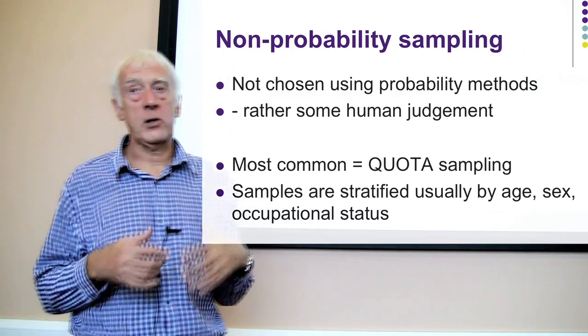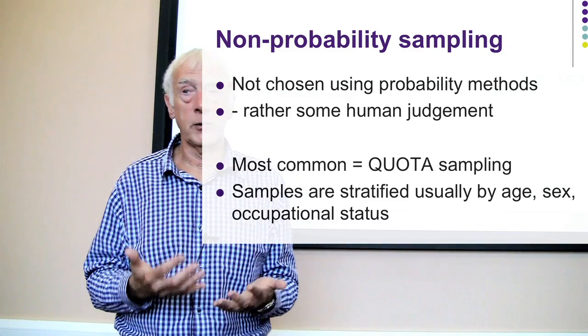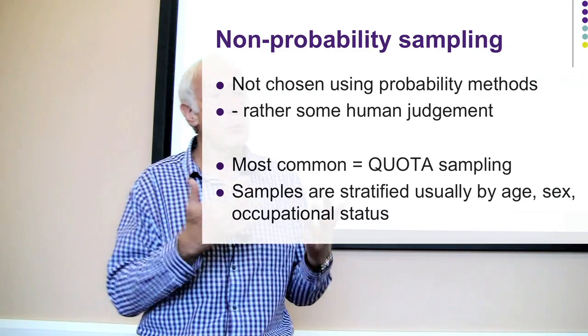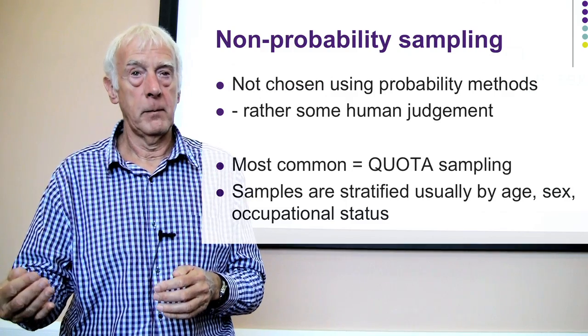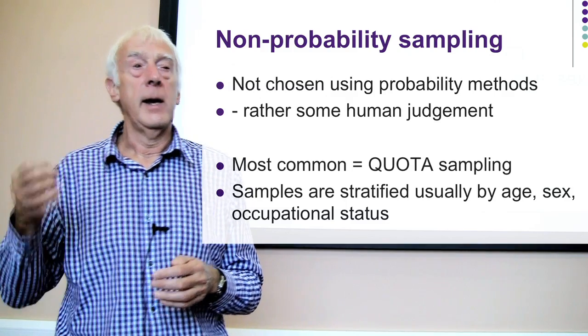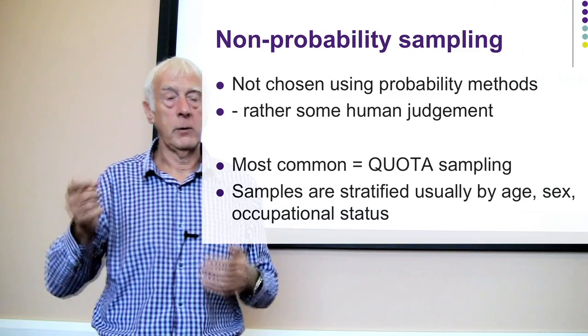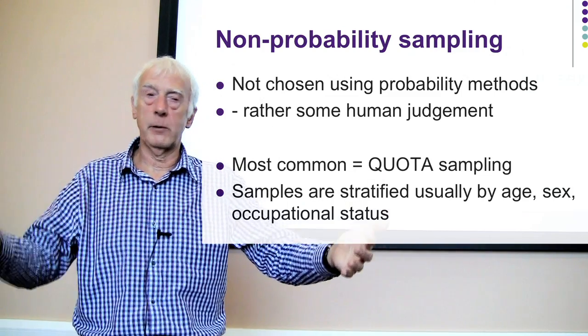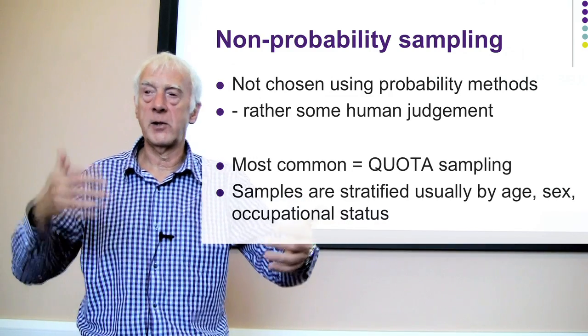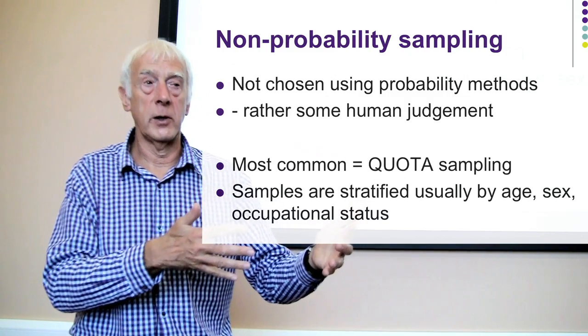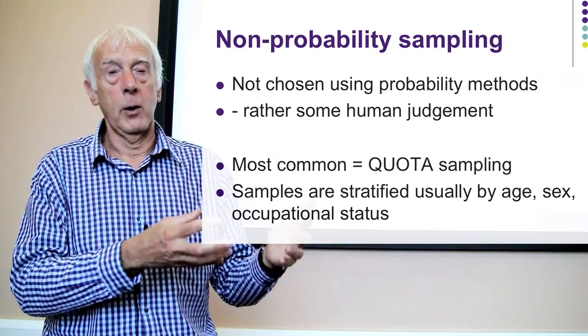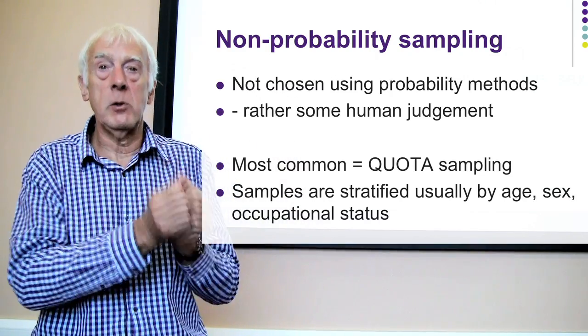Quota sampling is a stratification approach, so you stratify your sample, but whereas in proper stratification, you still pick people at random, in quota sampling, it's a person choosing them. So you go out and say, I want this number of males, this number of females, I want this number of this age, this number of that age, and so on. And you make sure you fill those quotas, but you fill the quota by choosing people. So there's human choice involved.